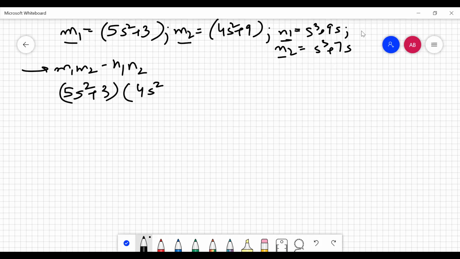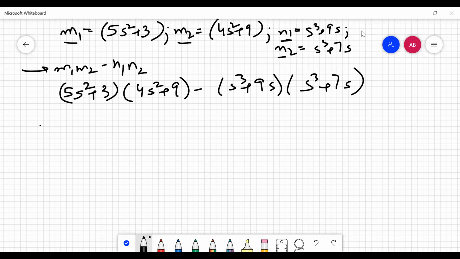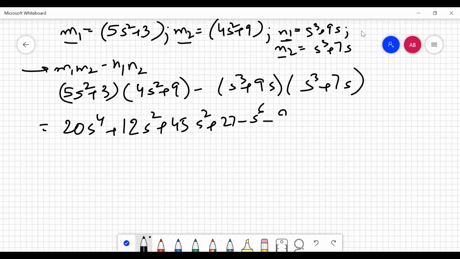So you have to multiply your even terms, then multiply your odd terms, and simplify the equation. This equation will come out to be in the fourth power or sixth power of s, and then you need to simplify it, and then you are going to replace s with j omega.